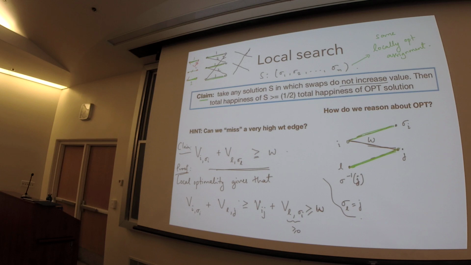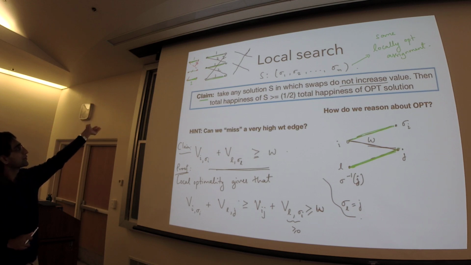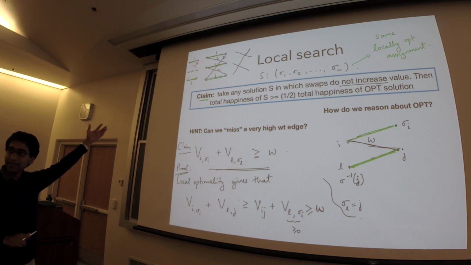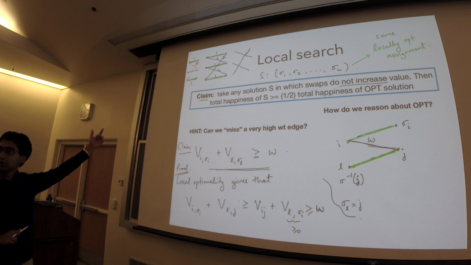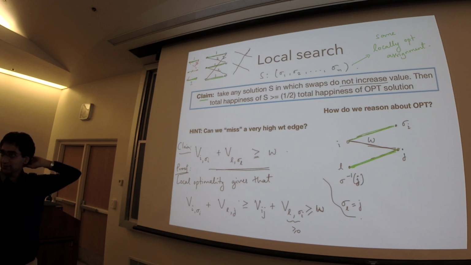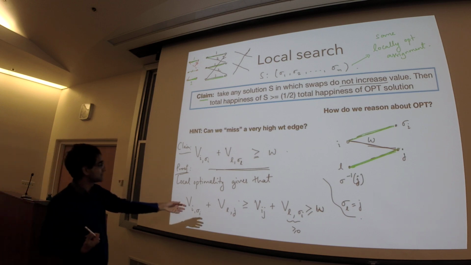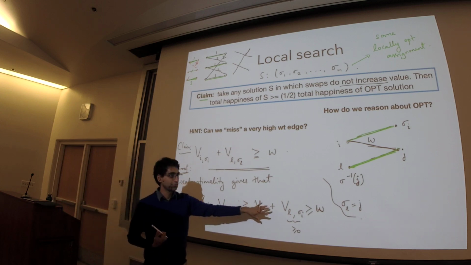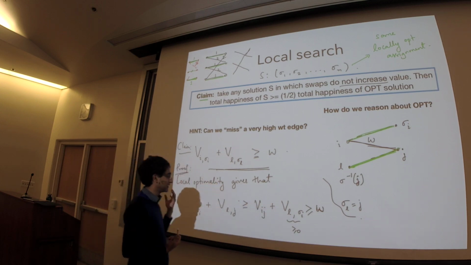Do you see what he's saying? This bad example happened just because some of the weights were 0. But suppose I was promised that all weights are at least, say, 0.1. Then can you get a better approximation ratio? I think he answered his own question: yes, you can.